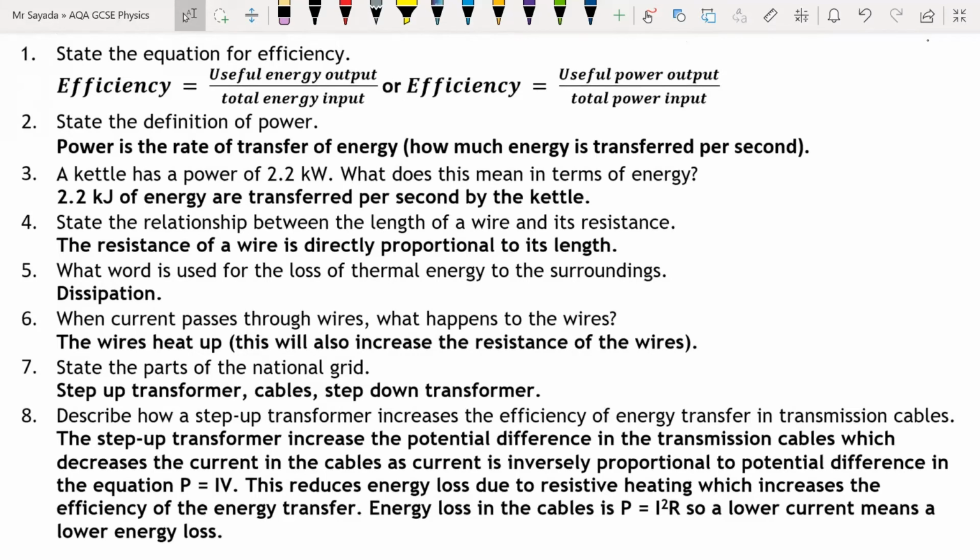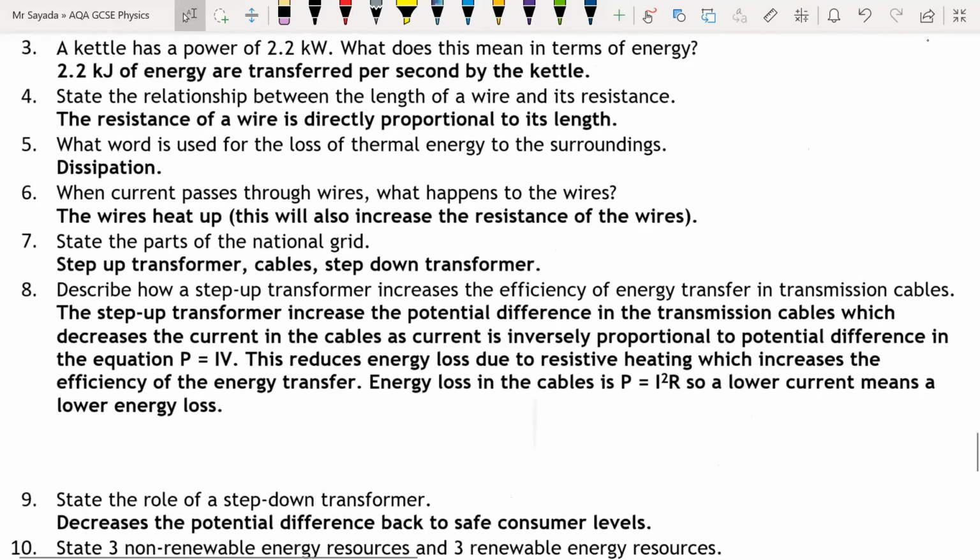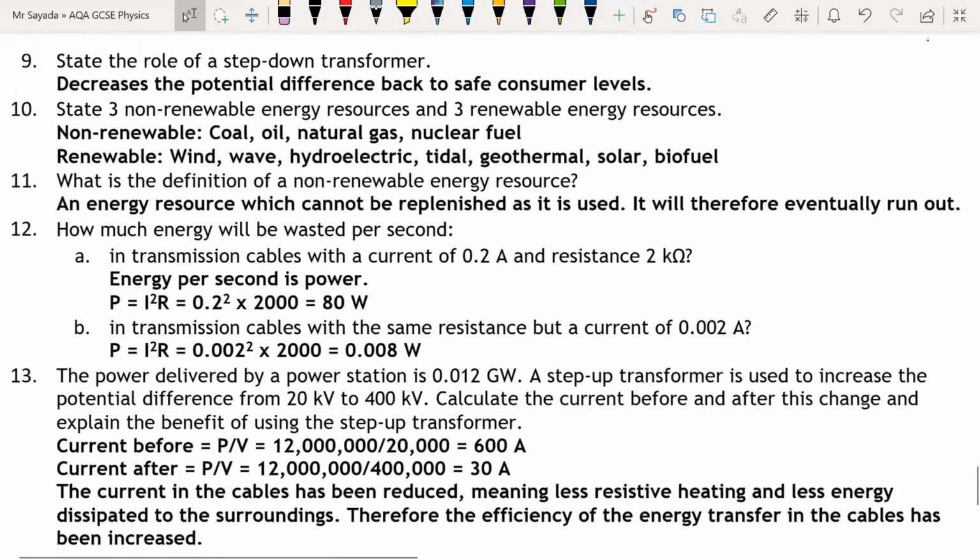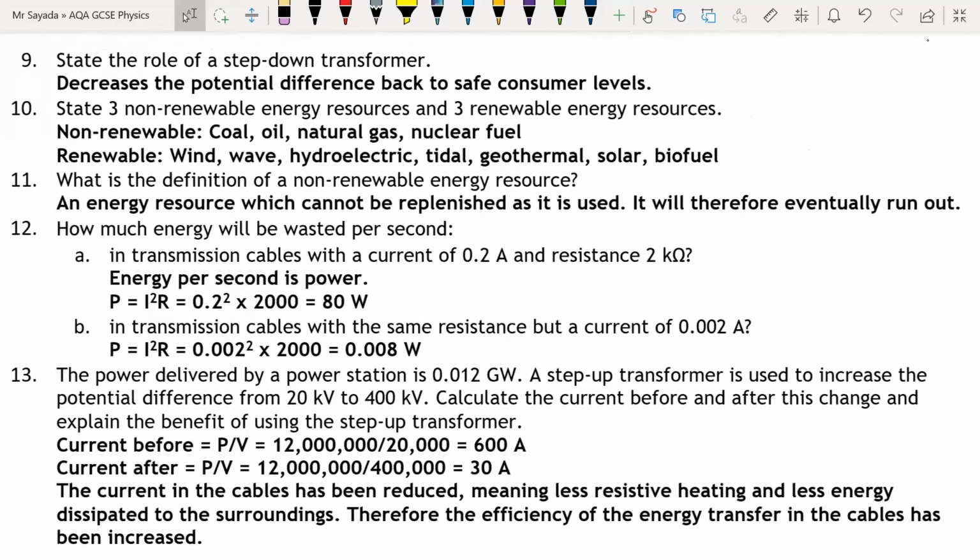Press play once you're ready. You should have now marked these 8 questions. If you struggled with anything, you can go back to earlier in the video to watch the explanations again. Please now mark the rest of your questions using these solutions. Pause the video while you do that. Press play once you're ready. You should have now marked all of these questions.